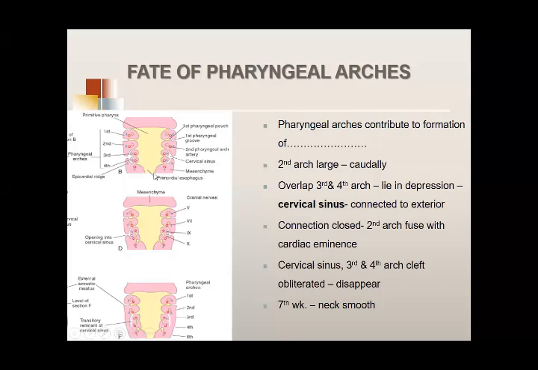और ये देख लीजिए, ये जो cervical sinus है, this is connected to the exterior. Close नहीं है, this is connected to the exterior. But then ultimately, in 6th week में जाके ये जो second arch है, which is growing caudally, this second arch grows further caudally and then ultimately fuses with the cardiac eminence. ये cardiac eminence है, अभी तक cervical sinus है.